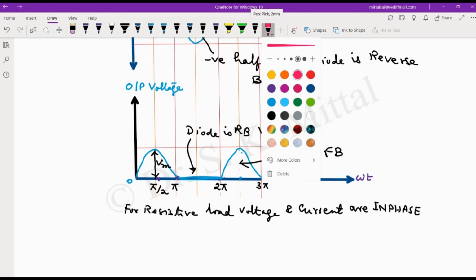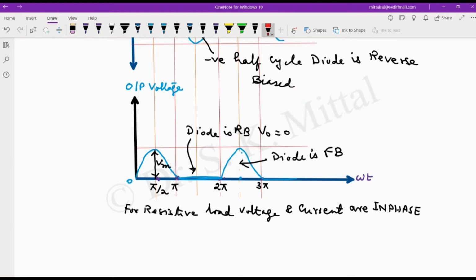If we want to draw the output current waveform, then on the same graph we can draw the output current waveform in phase with the output voltage.